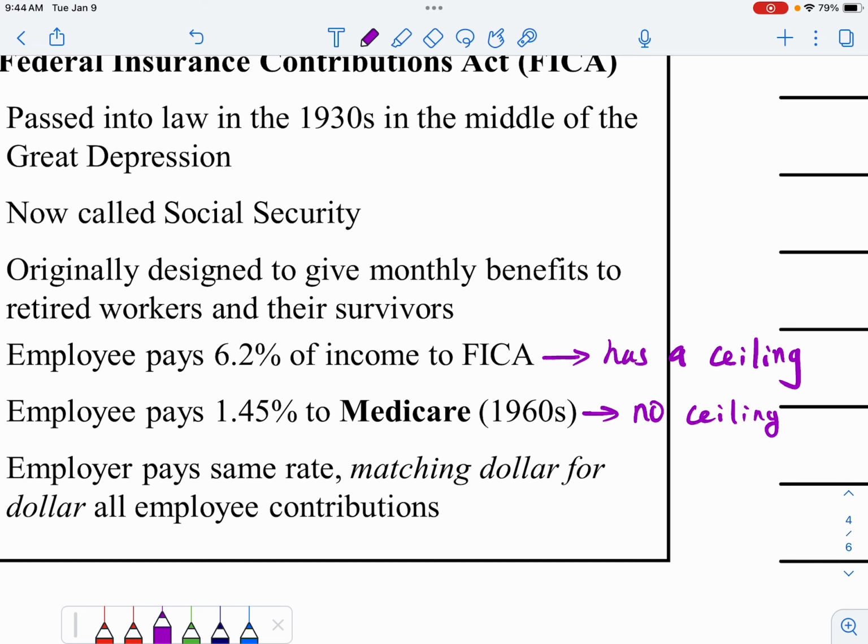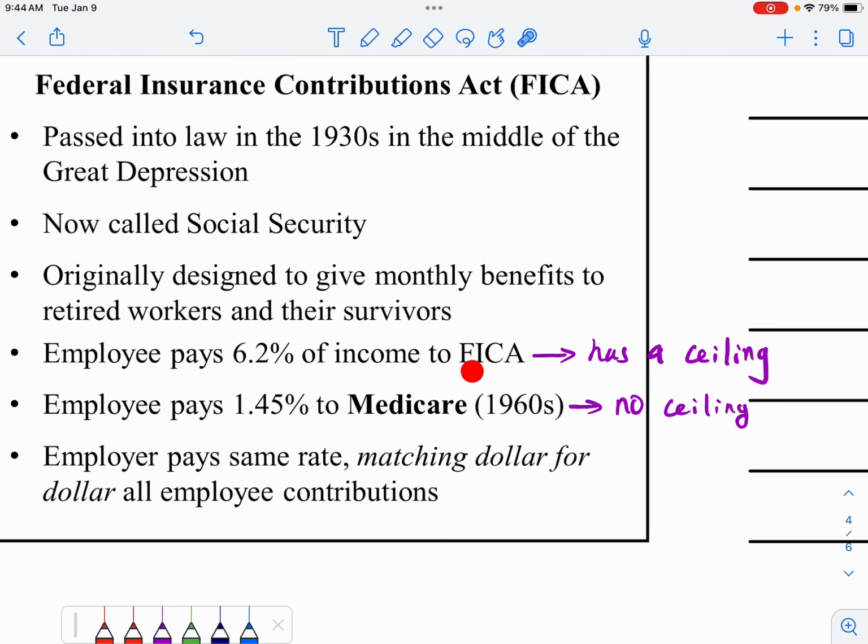What that means is that the first certain amount of income pays FICA. Any amount after that will not be taxed. But Medicare is based completely on your pay. It will be a fixed 1.45%.